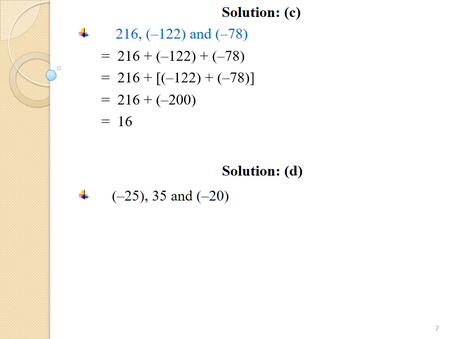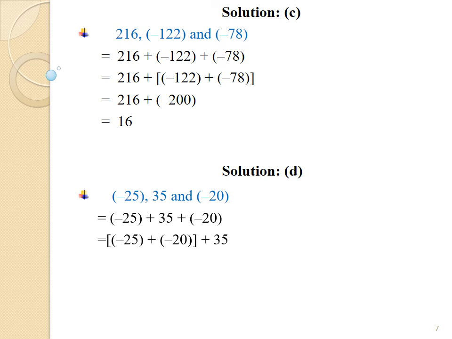Now, sum D: -25, 35 and -20 equals -25 plus 35 plus -20. Let us regroup the integers with negative, negative. Thus, regrouping the numbers, we get -25 plus -20 plus 35.